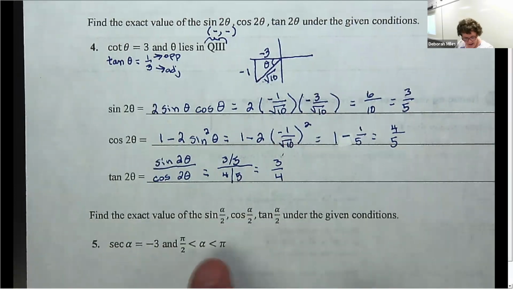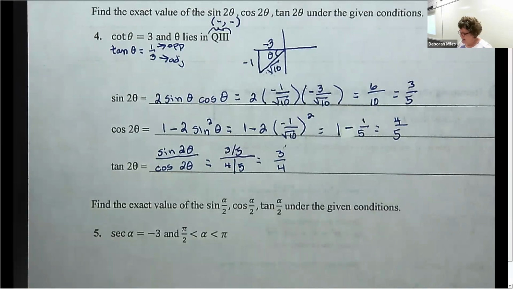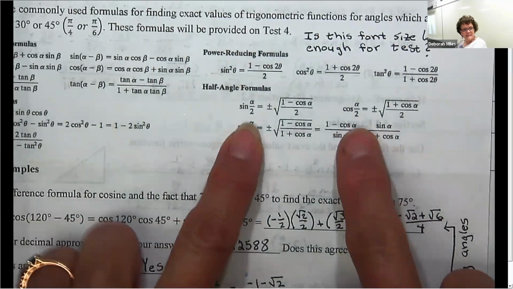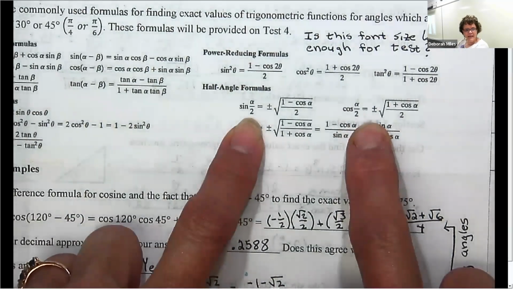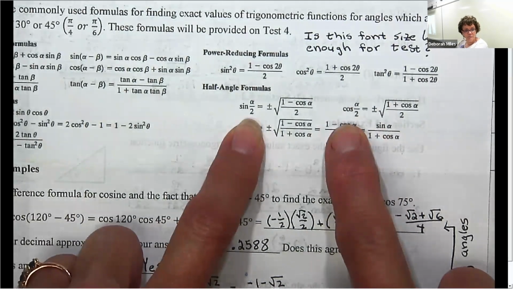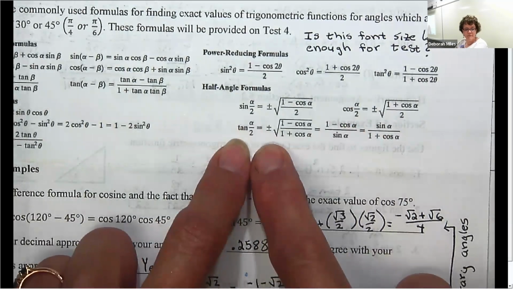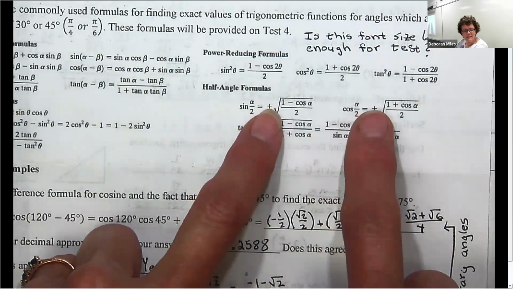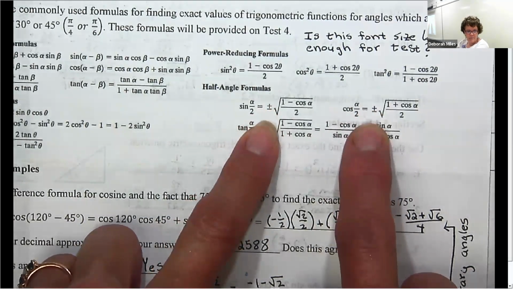Let's talk about the half angle formulas for a minute. I need to show you something on those. You'll notice that sine of alpha over 2 and cosine of alpha over 2, and actually tangent of alpha over 2 as well, all three of those formulas have a positive or negative in them.